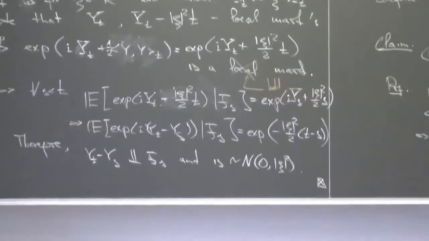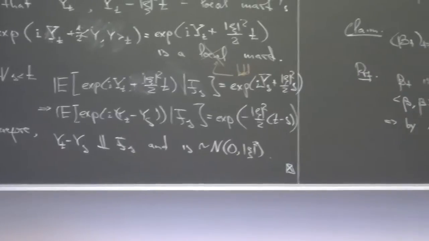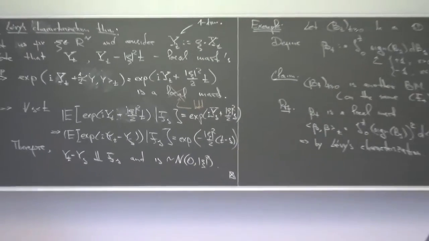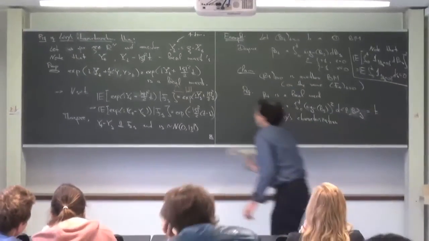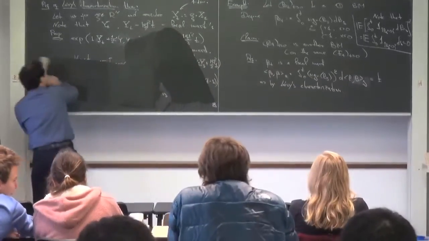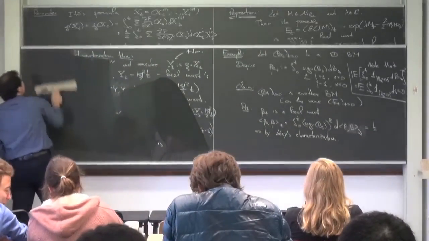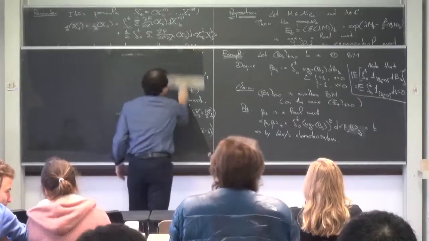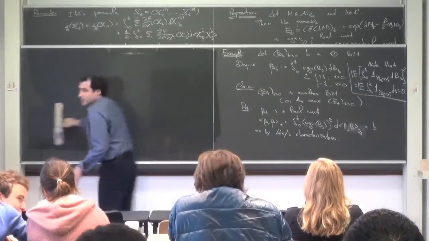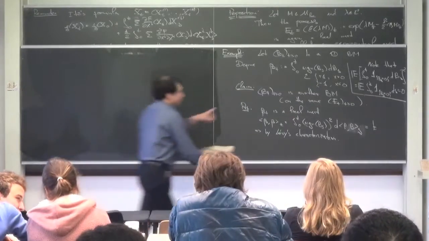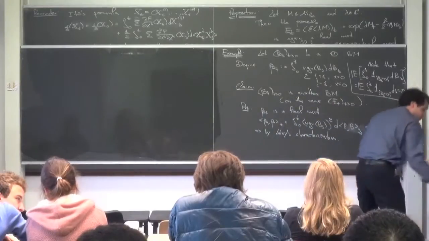Okay, let me delete this part. And what I'm going to draw now on this left part of the blackboard is a discrete cartoon of what's going on on the right.